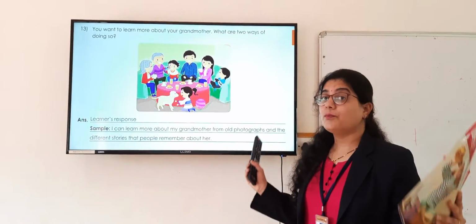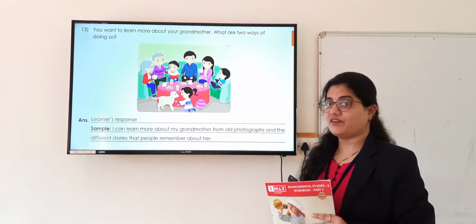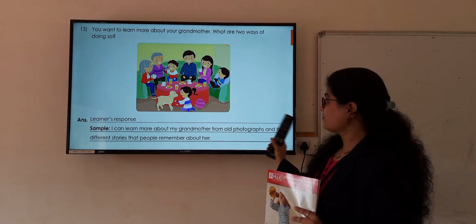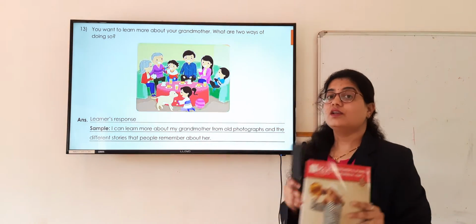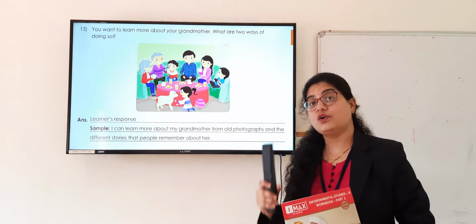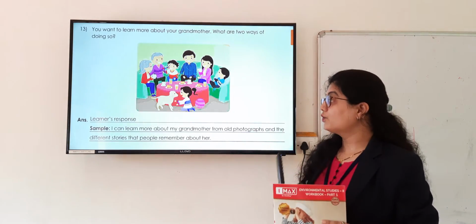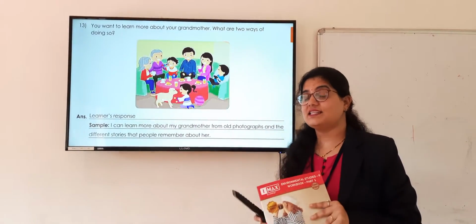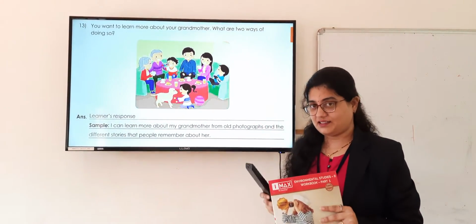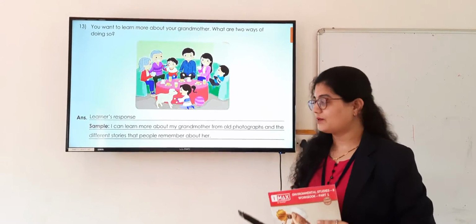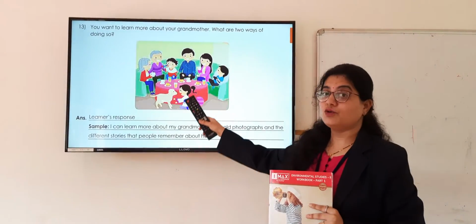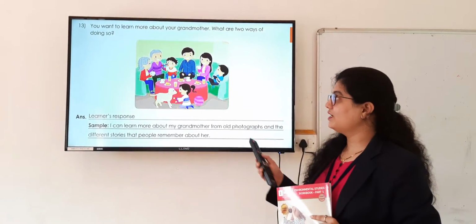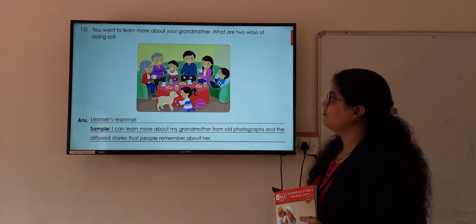They give us more information about the past events, and past people. Alright. So here, the first one, you can ask your grandmother for her old photographs. Alright. And you can also discuss her with her friends and with other relatives. Alright. So they will give you more information about your grandmother.